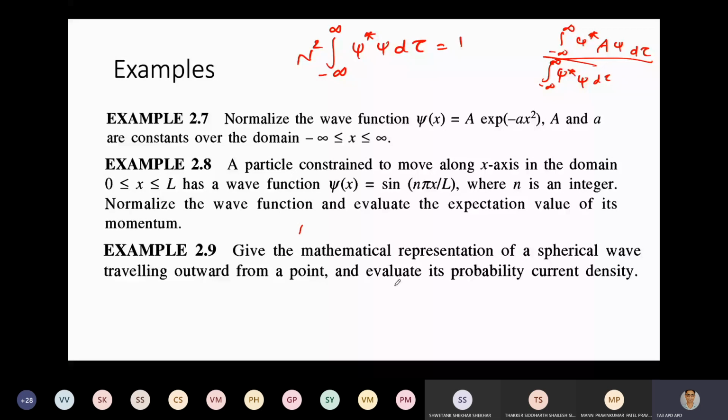You calculate its probability current density. ठीक है. तो mathematical representation simply given by a wave which is traveling outward, A over r into e to the power i k r.